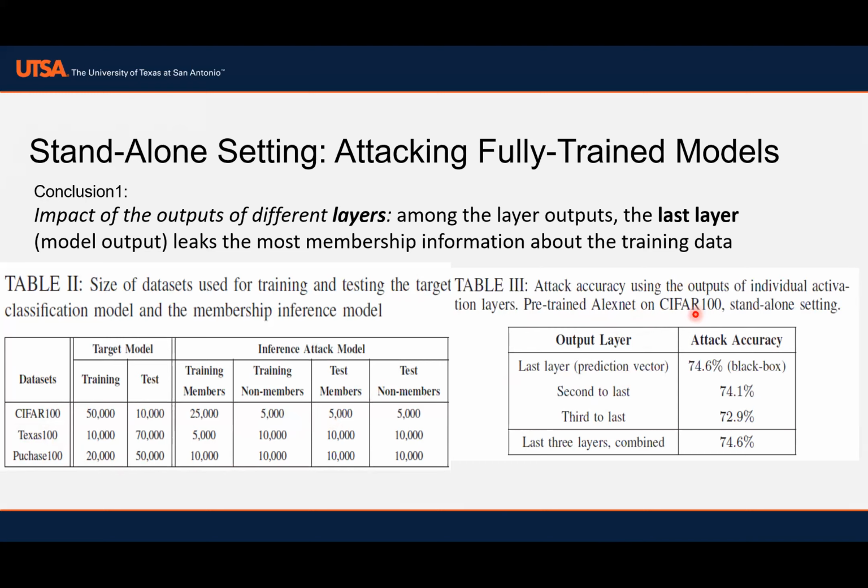Well, that's normal, because you have more training members compared to non-training members, which means you will be easily biased towards the training members. So of course you will be more capable of detecting whether the data belongs to the training data set or not. The better performance on this data set does not mean anything, because your setting is different.